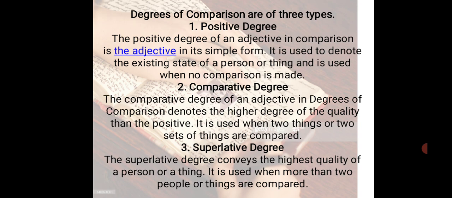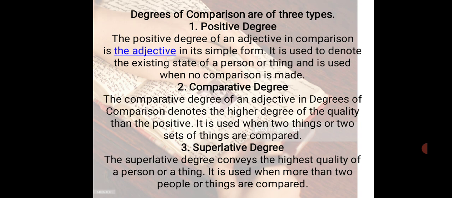It is used to denote the existing state of a person or thing and is used when no comparison is made. That means during positive degree, we don't go for any comparison. Comparison starts from the next two areas.